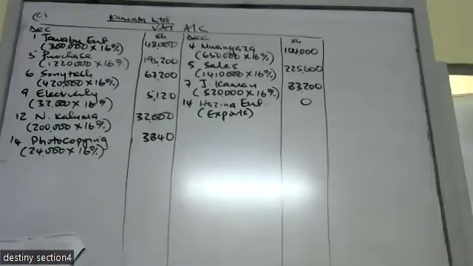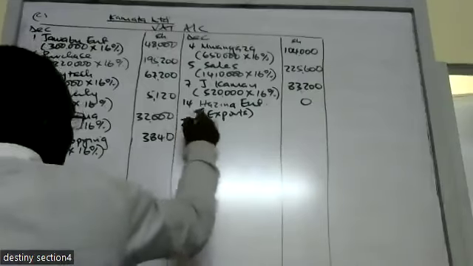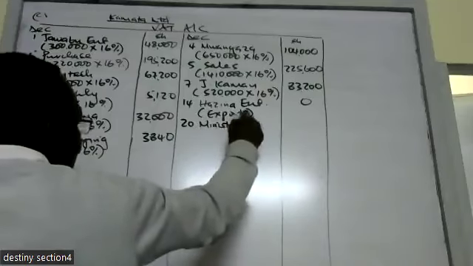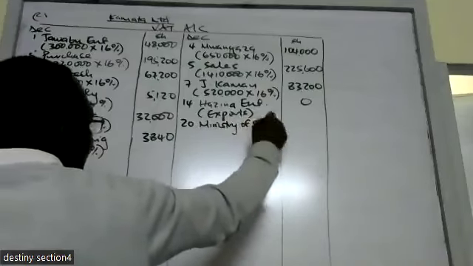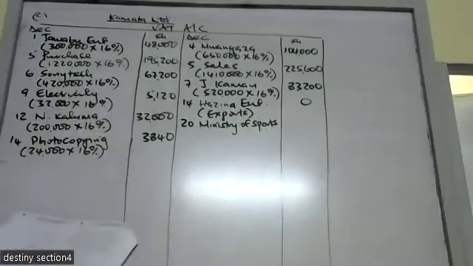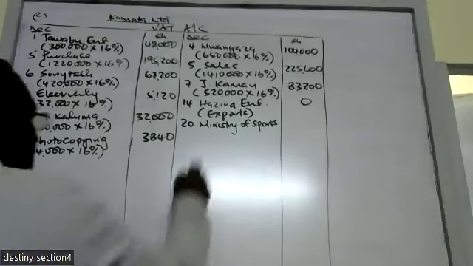So after 15, I think the next date is the 20th, and that's a sale to the Ministry of Sports. So come here and say 20th, Ministry of Sports, 170,000.